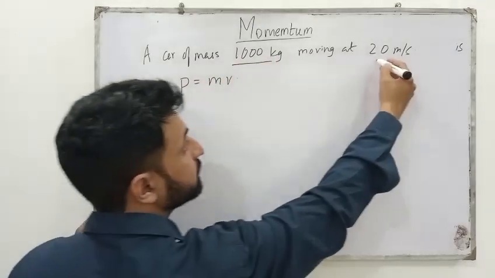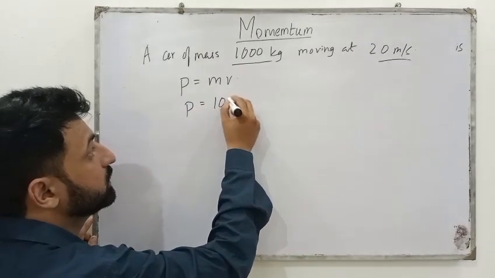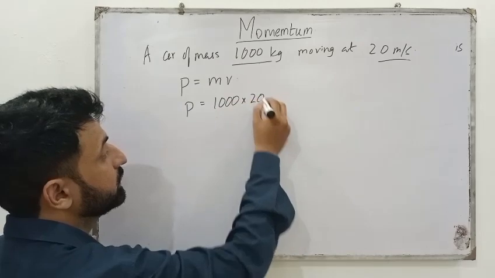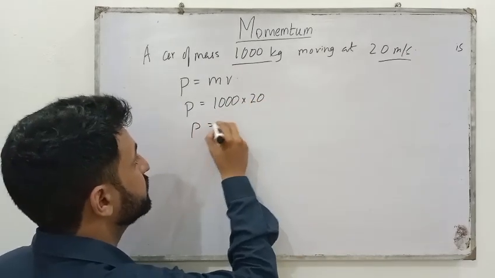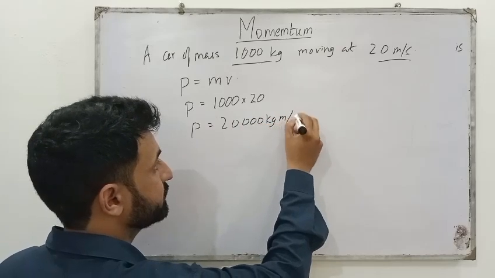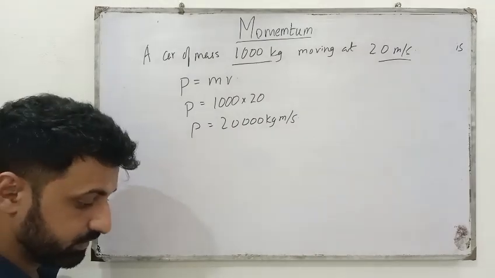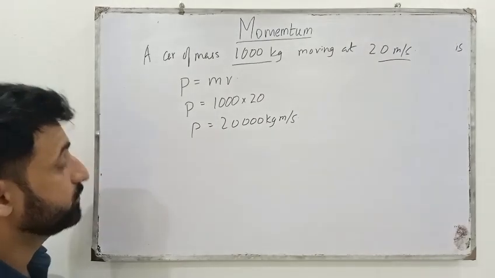Mass is 1000, velocity is 20. So momentum would be equal to 1000 into 20, that is 20,000 kg meter per second.